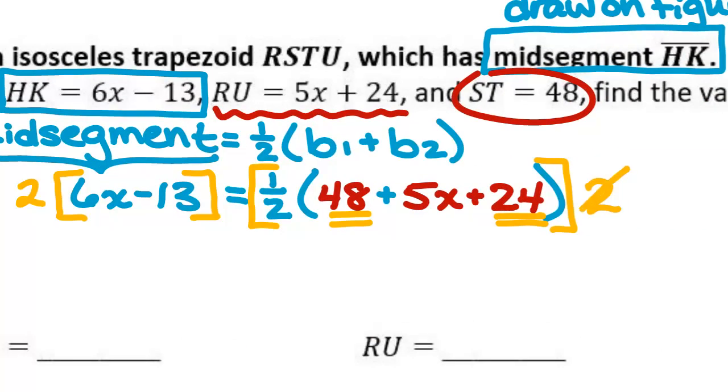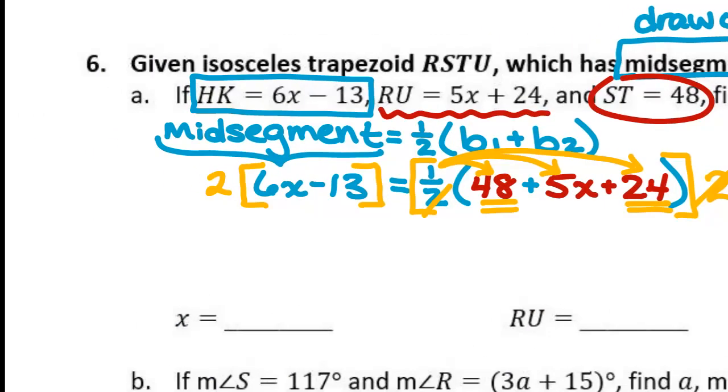So on the right, the 2 and the denominator will cancel. The 1 distributes to everything inside here. Over on the left, the 2 is distributing inside those brackets.